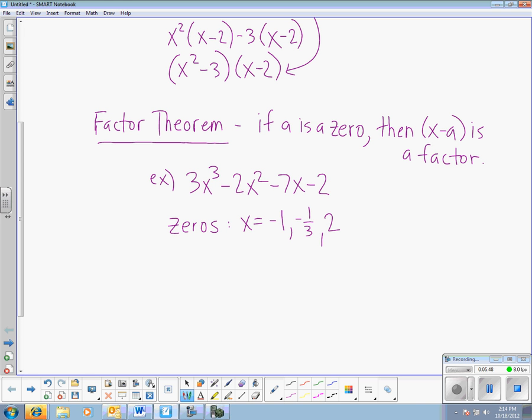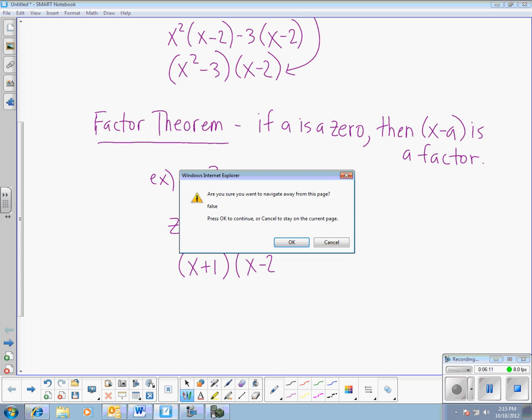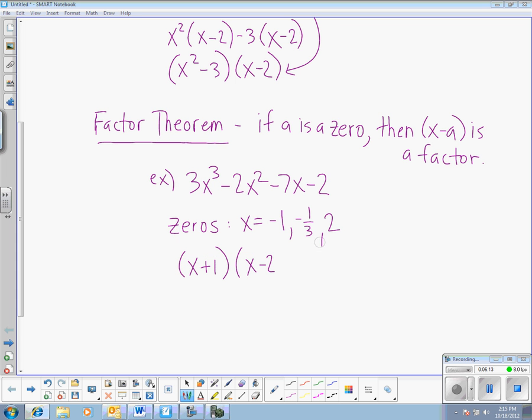This is just like when you would either factor or use the quadratic formula to solve a quadratic equation. You're doing the same thing here. The connection between factors and zeros is a very simple and strong connection. So what I know is that two of my factors are x plus 1 and x minus 2.